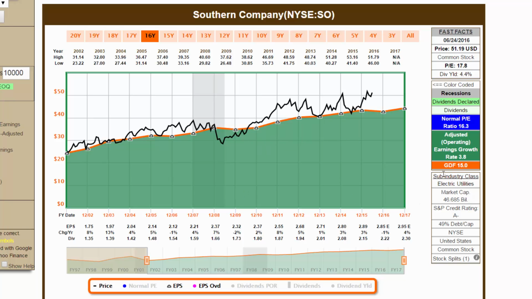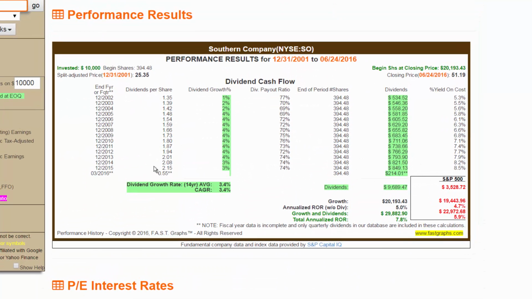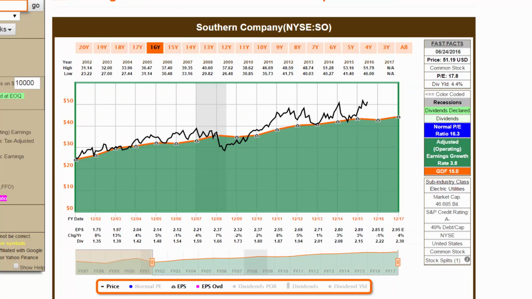So since growth rate over this time frame is 3.8%, and the stock is now trading above that line, you would automatically recognize that your capital appreciation component would be higher than 3.8%. You can check that by going to the performance report below, which coincides with the time frame the graph is drawn, and you'll notice that the capital appreciation only on Southern Company over this time frame was 5%. That is the slope of the orange line plus a little premium valuation that you currently have.